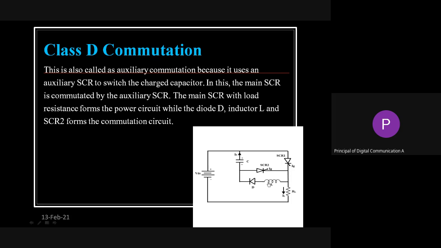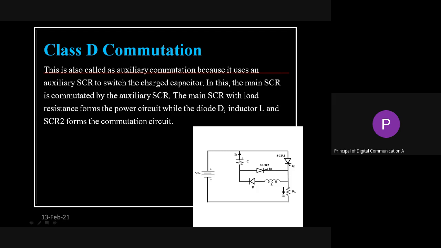But at the same time, if you look at the combination of this loop, L, D and C, this LC combination creates oscillations. Oscillations mean nothing but a combination of positive and negative cycles.